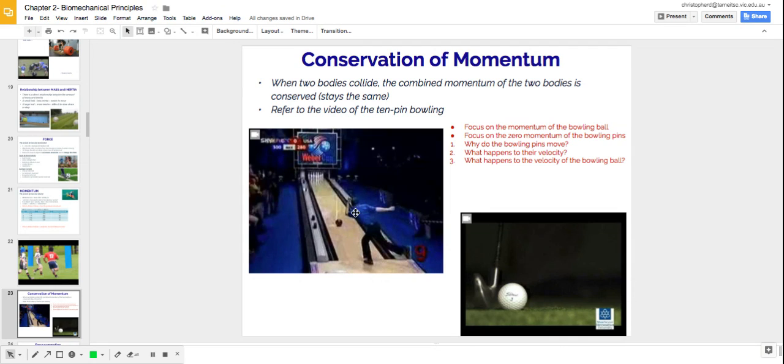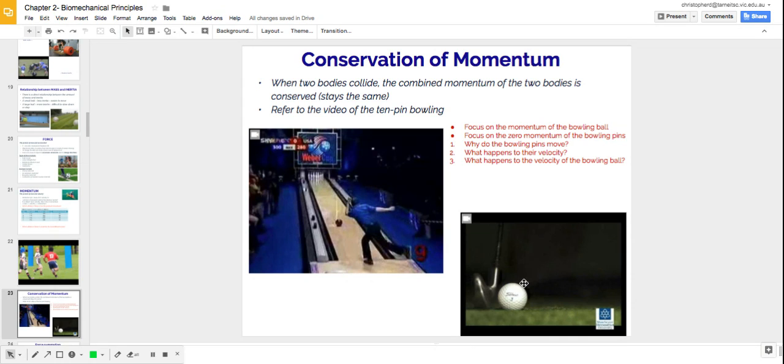That will cause the bowling ball to slow down and decrease its velocity, and cause the bowling pin's velocity to increase. Remember, there is currently zero momentum in the bowling pins because they're not moving. They move because of the conservation of momentum, so it is transferred across.